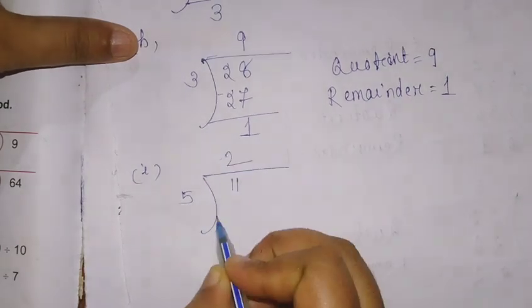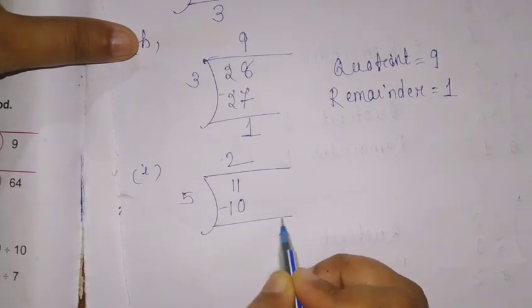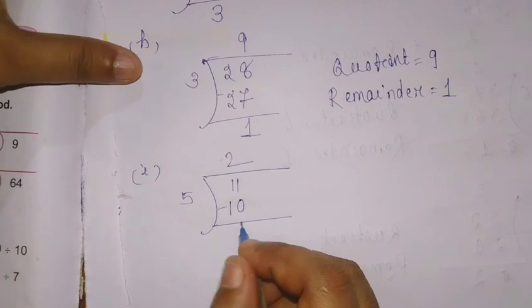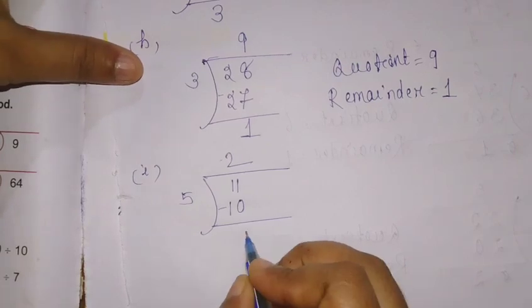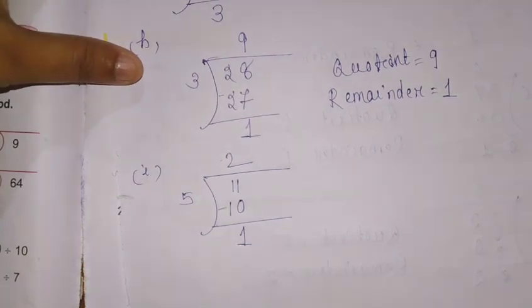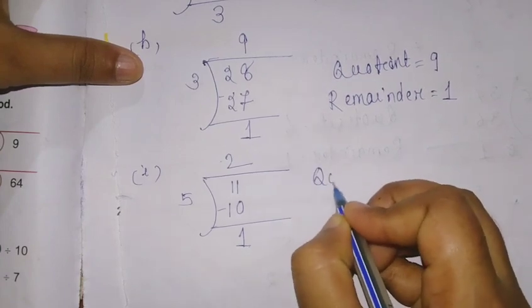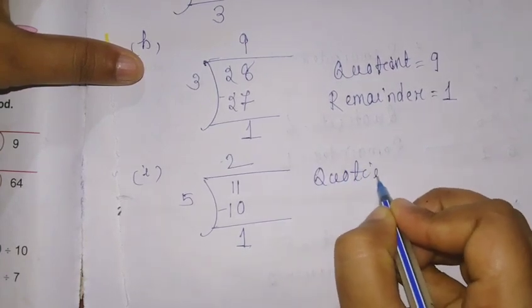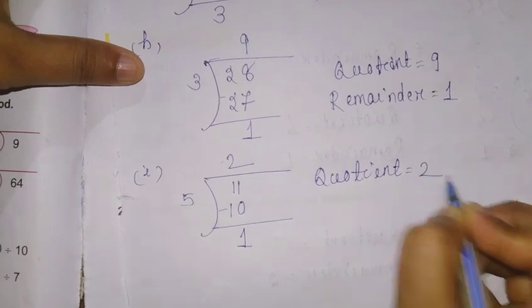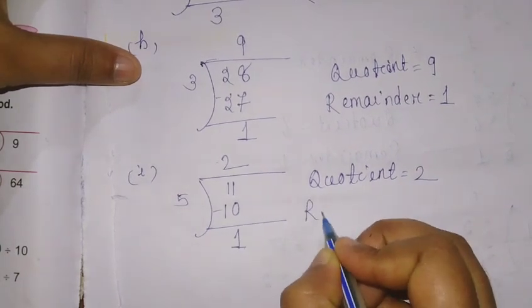Then 5 2s are 10. Now we subtract the product from the dividend. 11 minus 10 equal 1. Here quotient is 2 and remainder equal 1.